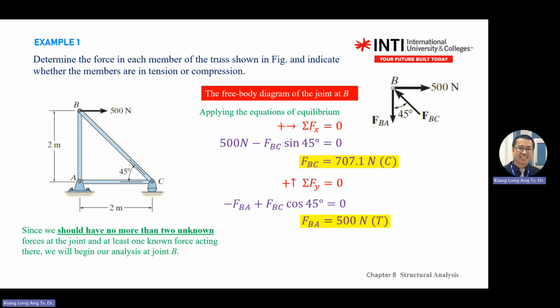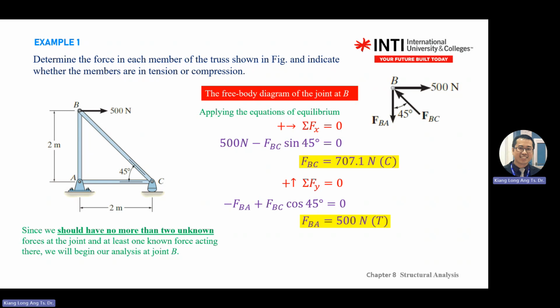Okay. So in chapter 8, remember at the back of your answer, please tell me whether it's a compression or tension. You look at FBC, the word C there, because FBC is pressing into B. And FBA is pulling the B, so that's why it's T. We are now focusing on pin B. Later, I will ask you about members.